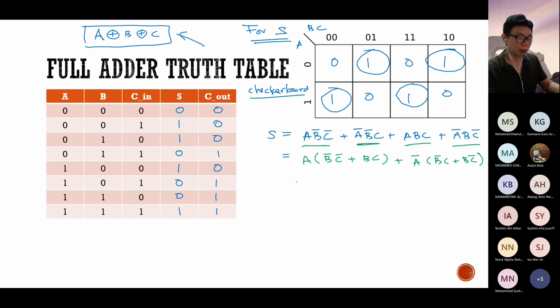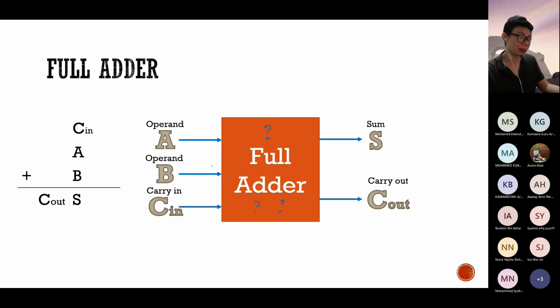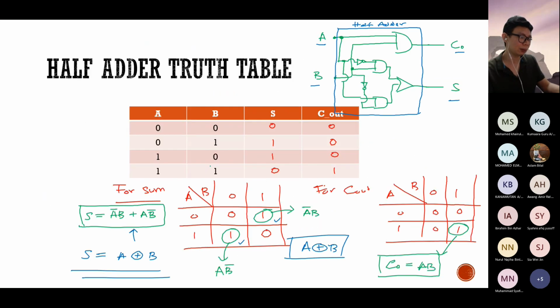All right, so let's see what is next. Do you notice what I'm seeing over here? B, C, B bar, C, B, C bar. Isn't this the same as the previous one we saw? Isn't this the same as this? You see, A bar B is actually A bar B plus A B bar.